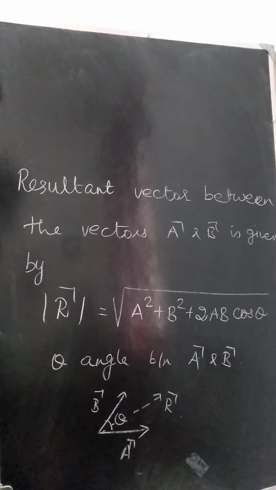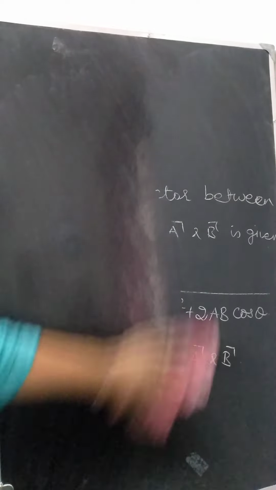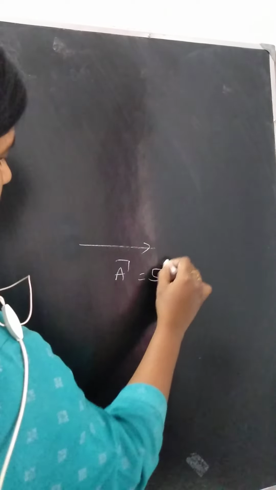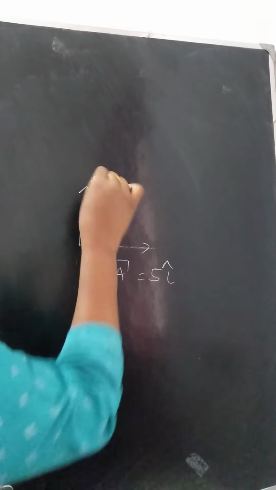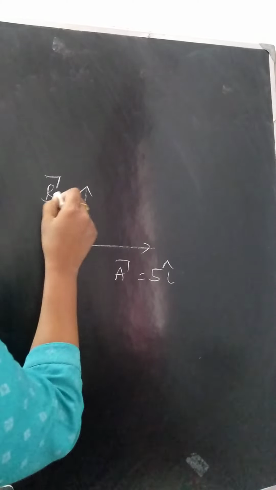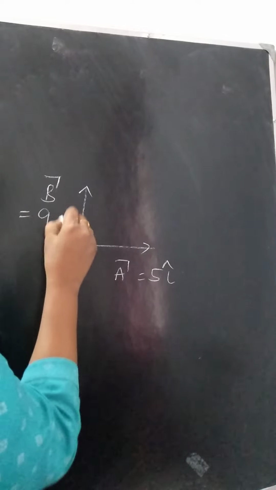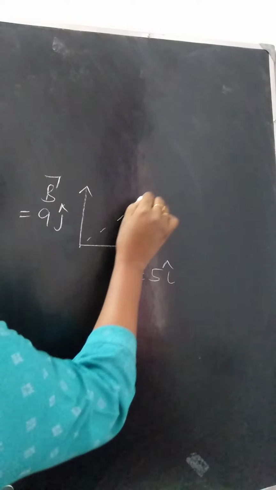Okay, tell me for this one. This is A vector which is 5 i cap, and this is B vector which is equal to 9 j cap. What is the resultant vector?